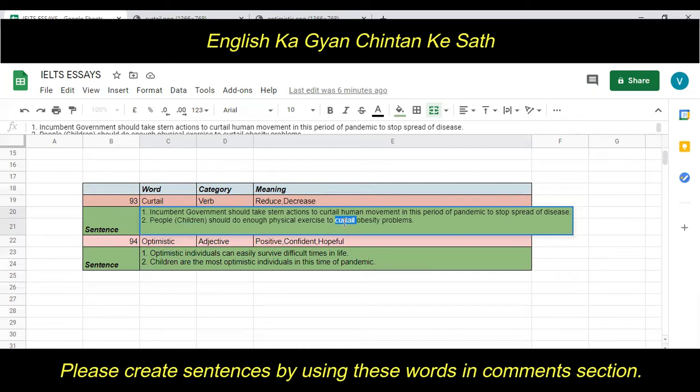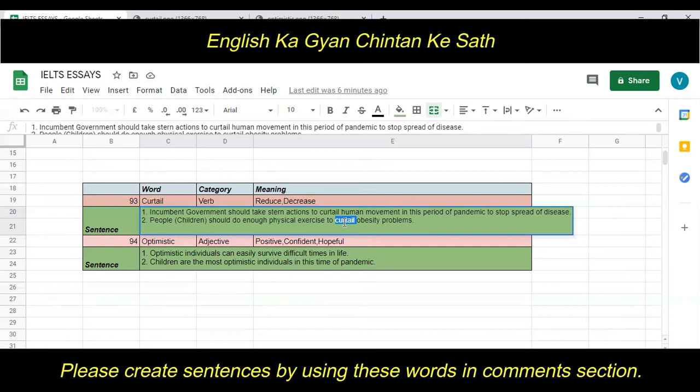And why have I written children in the blanks? Because in today's contemporary or modern world, children are so much habituated to using electronic gadgets, and because of that they are not doing enough physical exercise, and eventually they are suffering from this kind of obesity problem.